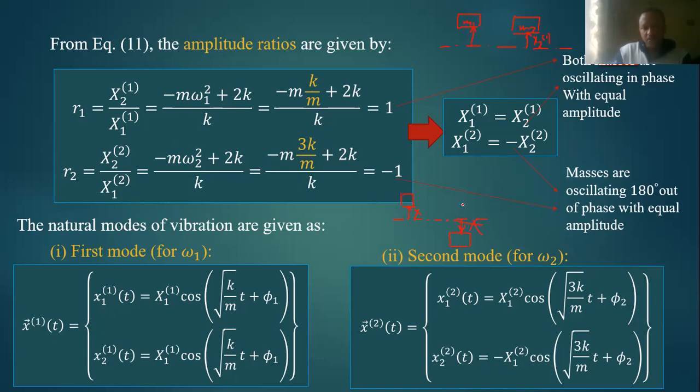So they are moving out of phase. This is, for example, mass 1, and this is mass 2.